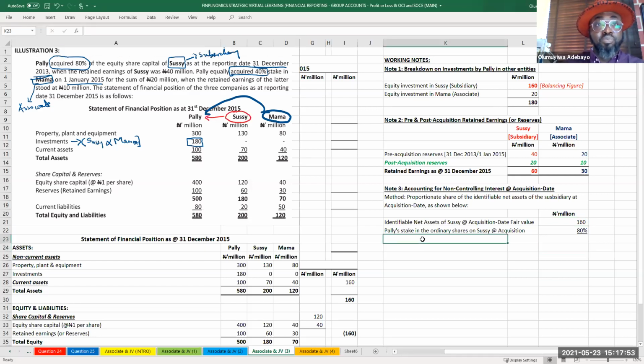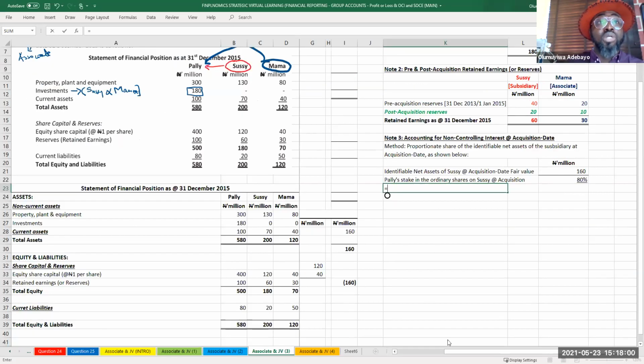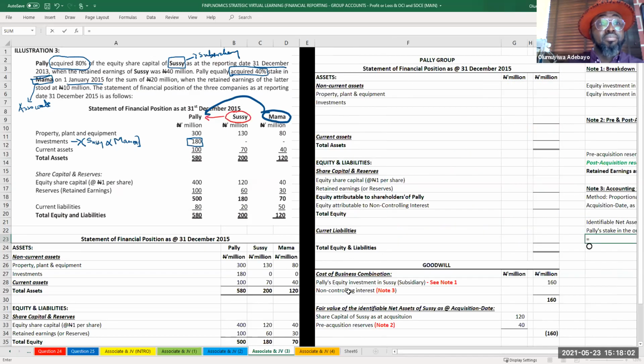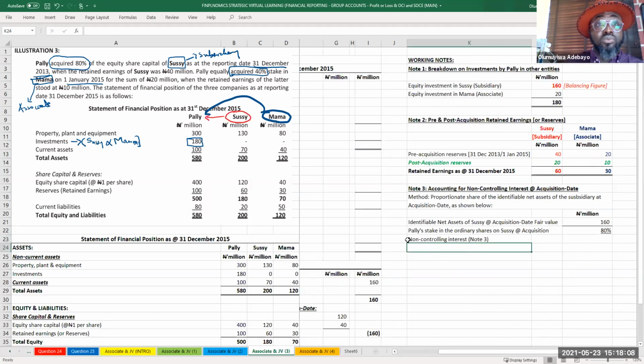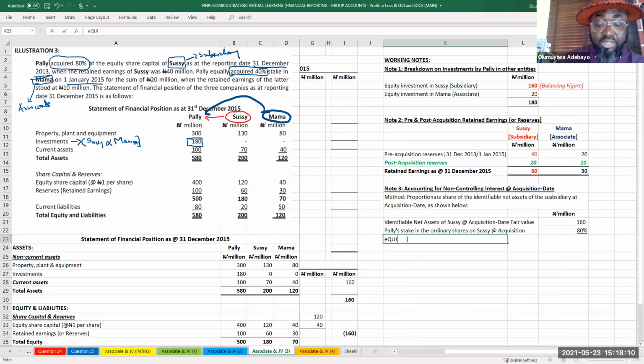Therefore, you can now say value of NCI, which we are looking for. Equity attributable to non-controlling interest at acquisition.